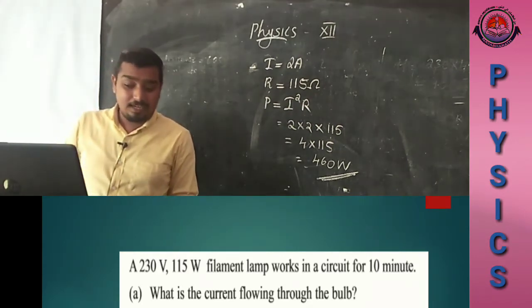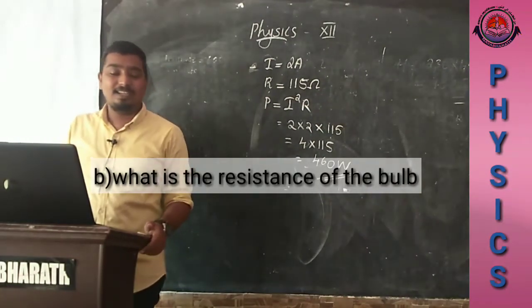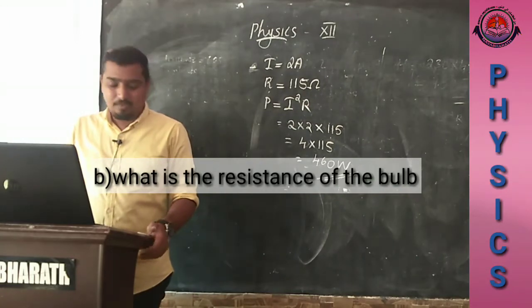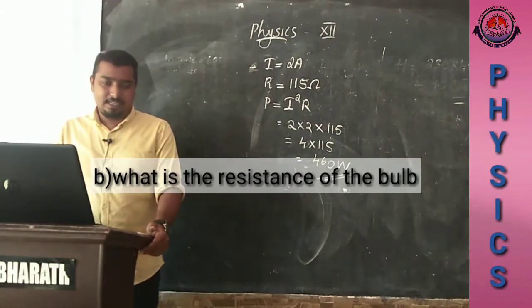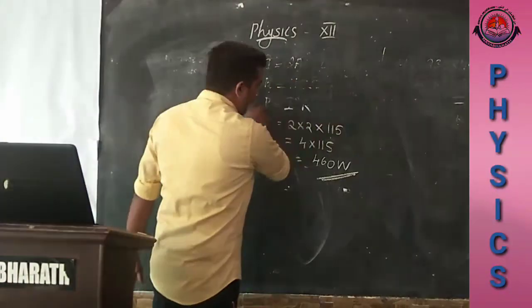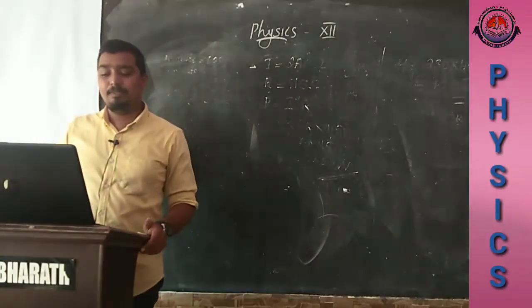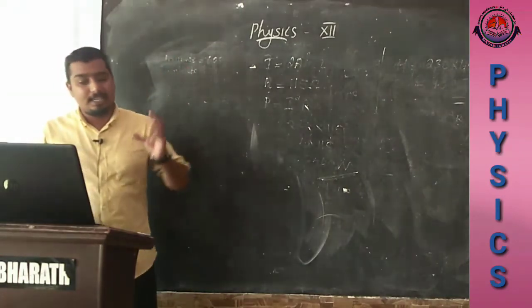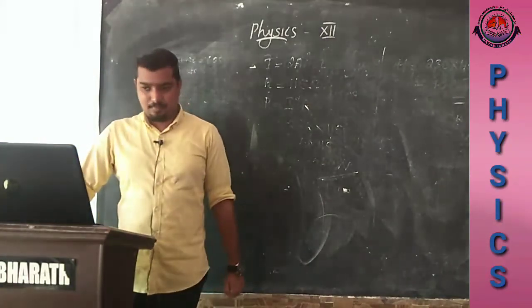What is the current flowing through the bulb and what is the resistance of the filament lamp?